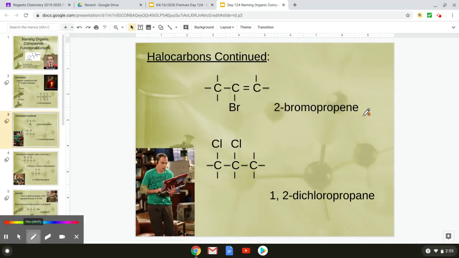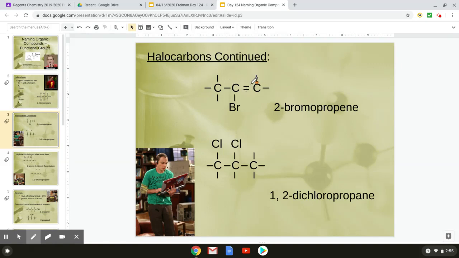For each of these, please pause the video and write down each of the compounds with their names. What I'll be doing is explaining each one. So this hydrocarbon, we've got a 1, 2, 3 carbon chain with a double bond. So this is meth-eth-prop.